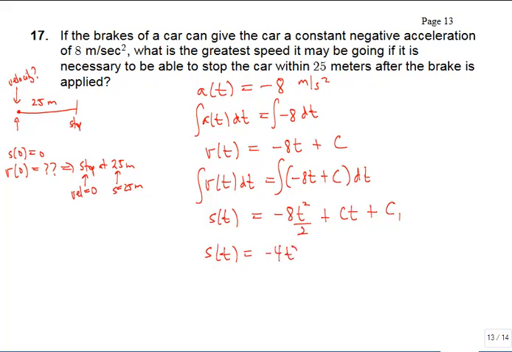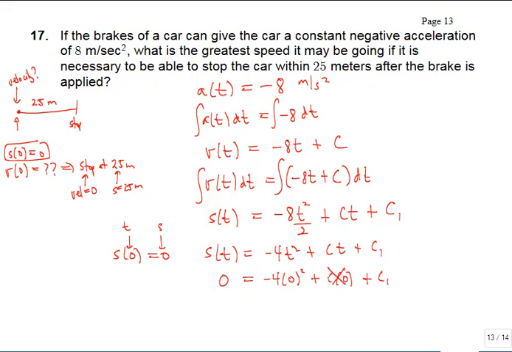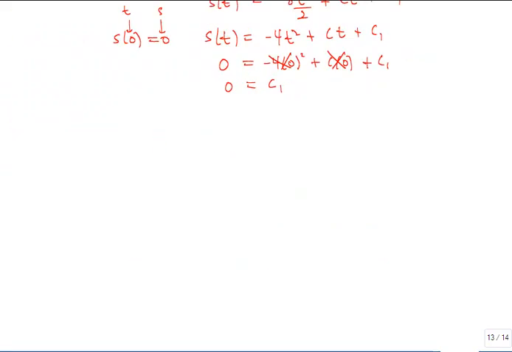Okay? Now, I've got a couple of c's here, and let me go ahead and reduce my -8 divided by 2. But I can eliminate one of these c's because I knew that initial condition. I'm measuring the car from this starting point. So initially its distance from that starting point at time 0 is 0. So I'm going to use S of 0 equals 0. So this is my S and this is my T. So if I plug in 0 here and 0 for T, then this goes to 0, this goes to 0, and that means that c sub 1 will be 0.